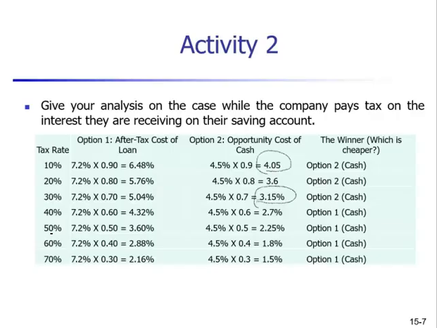But remember, with the same tax rate, if you go and get the loan, you are paying 5.04%. That is obviously higher than the opportunity cost of 3.15%.